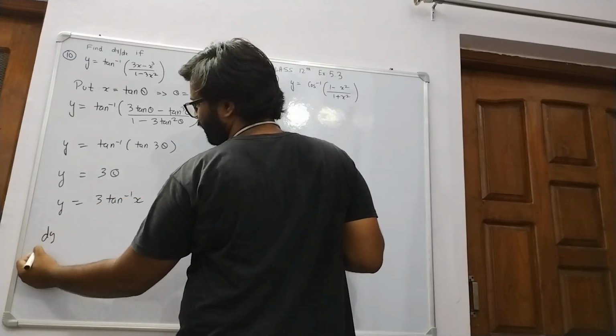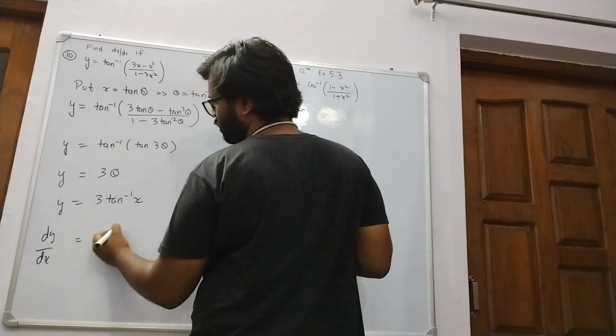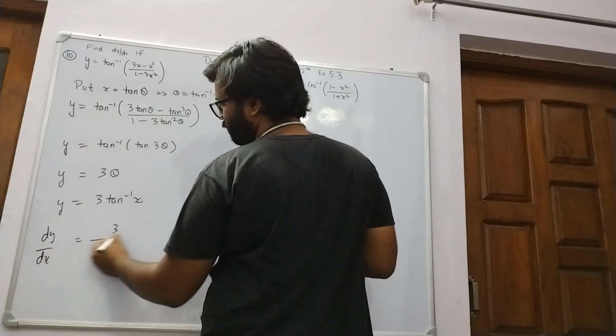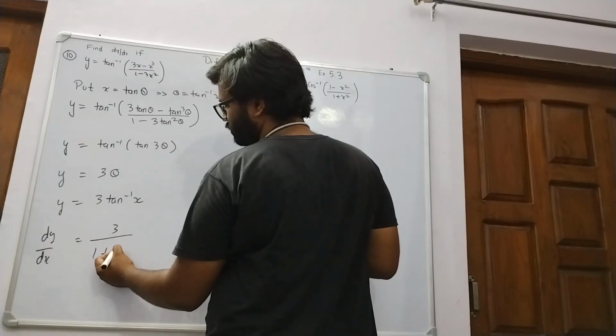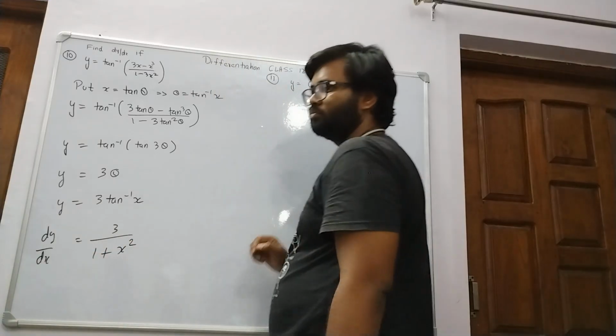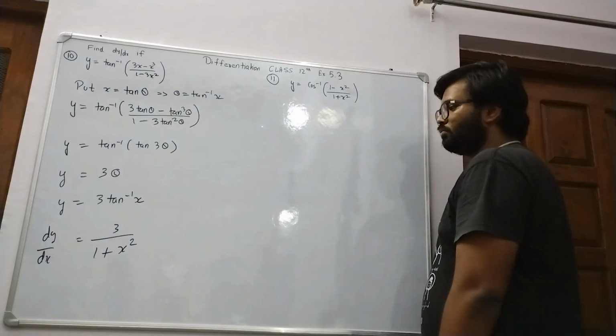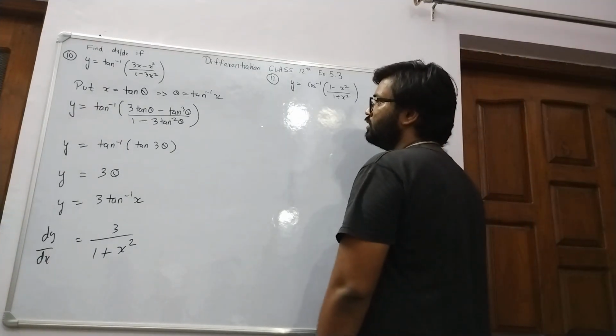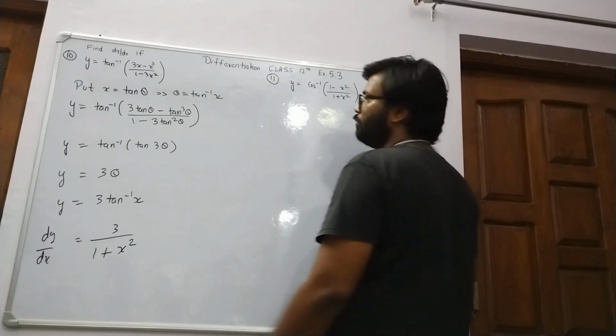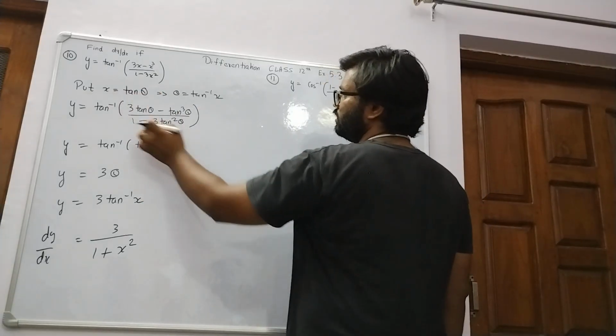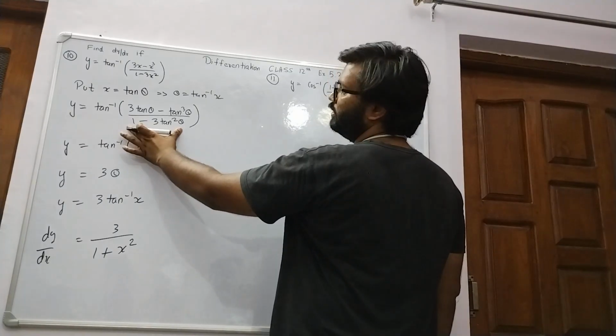So dy by dx is equal to 3 upon 1 plus x square. So this is the answer for our question number 10. And why we put x equal to tan theta, because this is the formula for tan 3 theta.